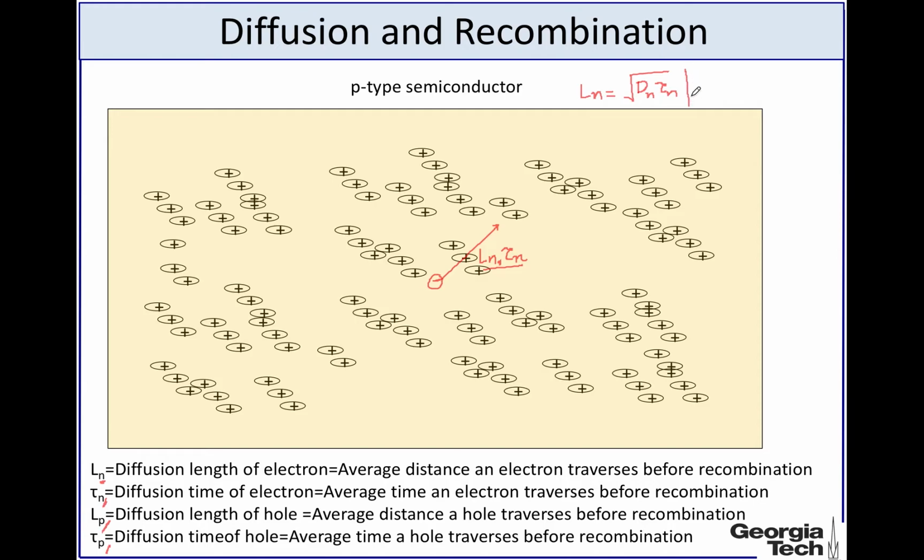And again for the hole a similar relationship holds, Lp equals Dp multiplied with tau p. We did not derive these equations, we just take them for granted. This will be required for quantitative calculations.